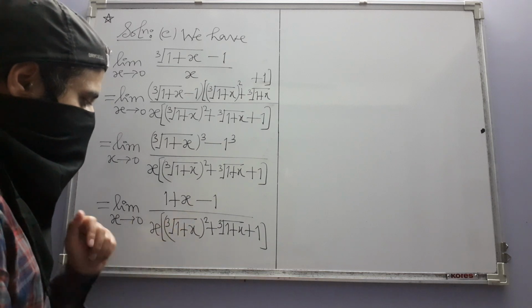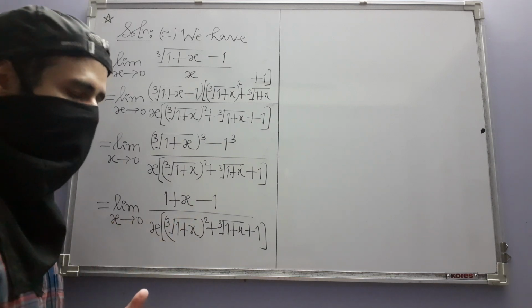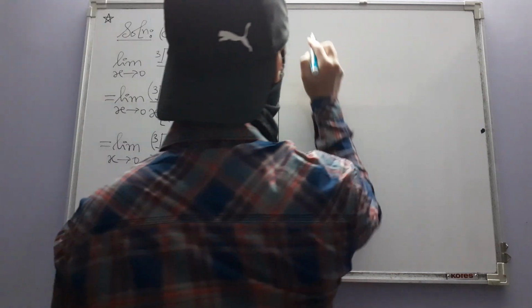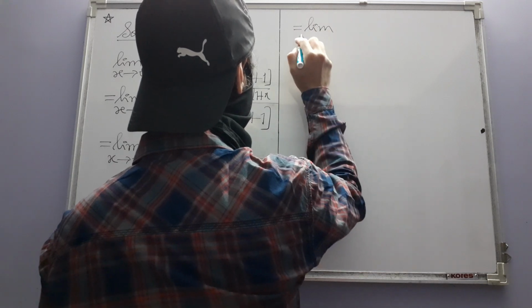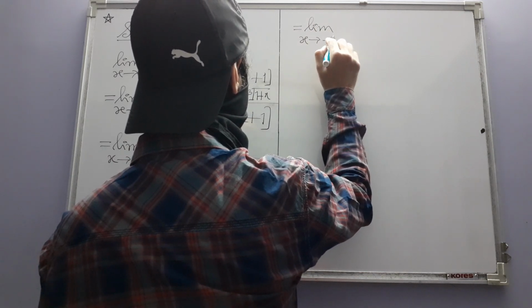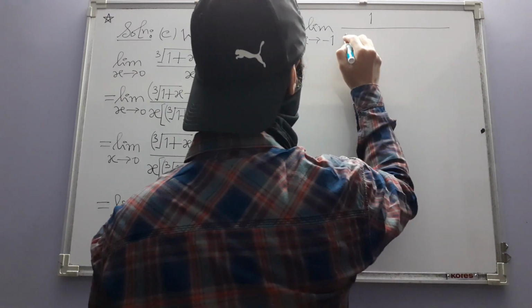After that, x and x vanish, because you can cancel x, as x is only approaching 0, is not equal to 0. So I can directly write this.